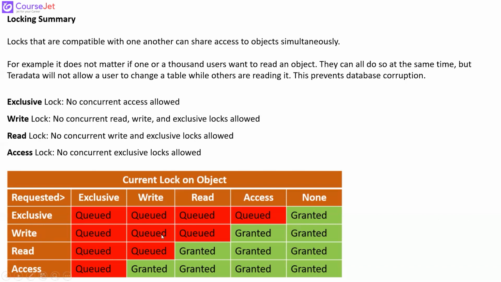The remaining exclusive, write, and read locks will be queued, in the sense that they will be blocked in the system, waiting for this session to complete. Again, for read, read and access locks can be applied simultaneously. Write and exclusive should be queued. And when it comes to access, you can have write, read, and access locks, and only the exclusive lock is queued.